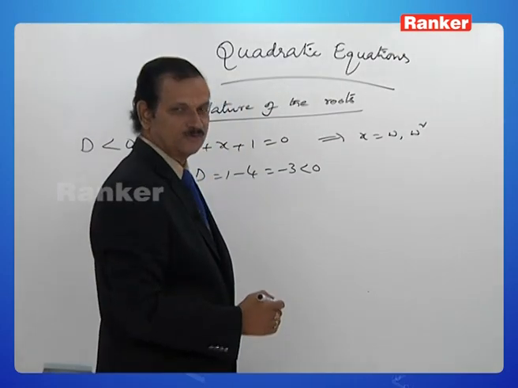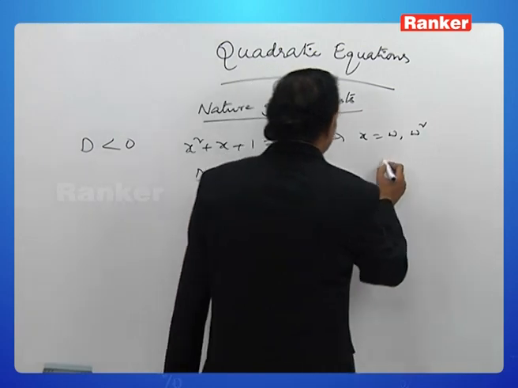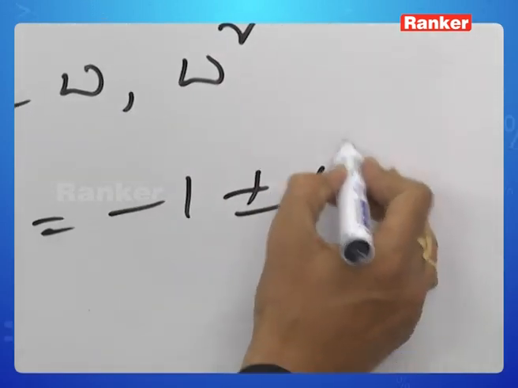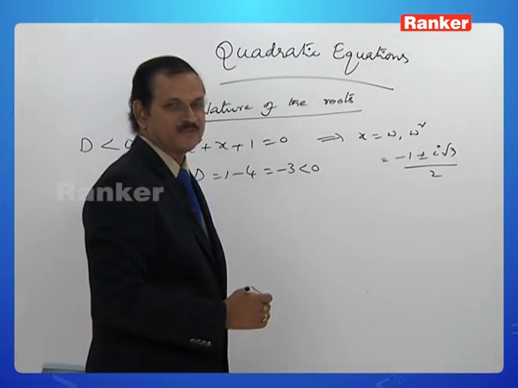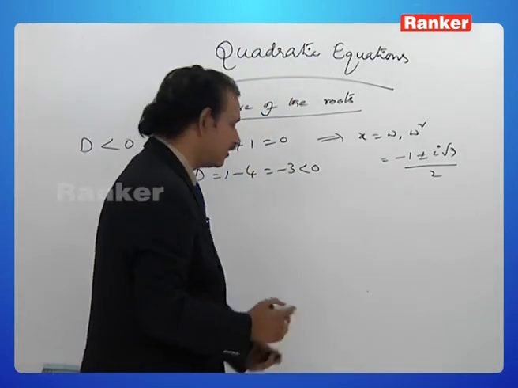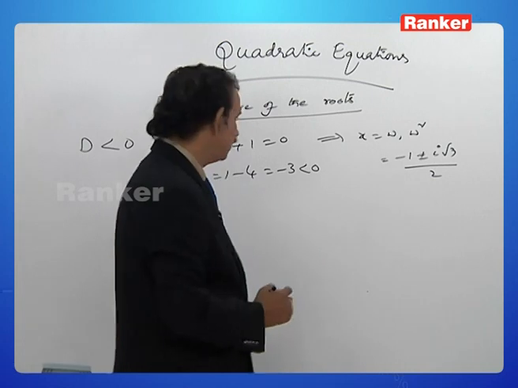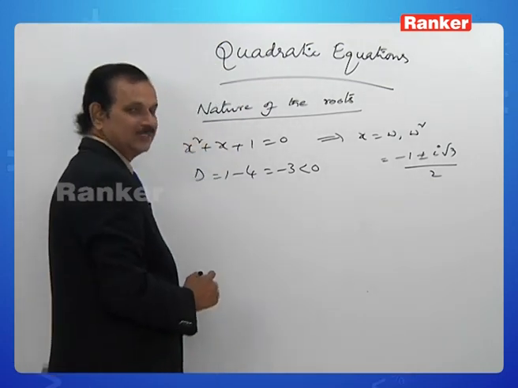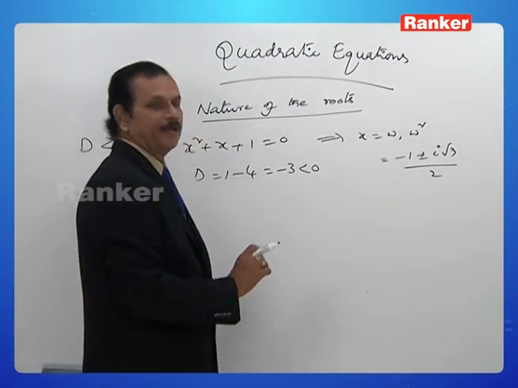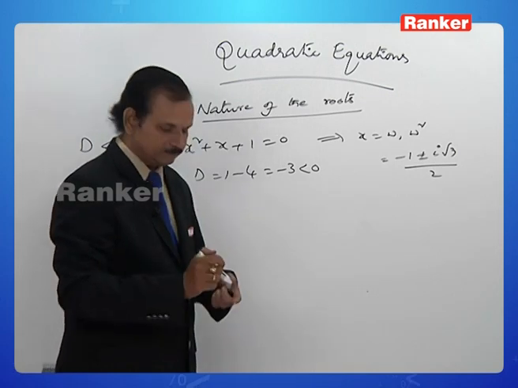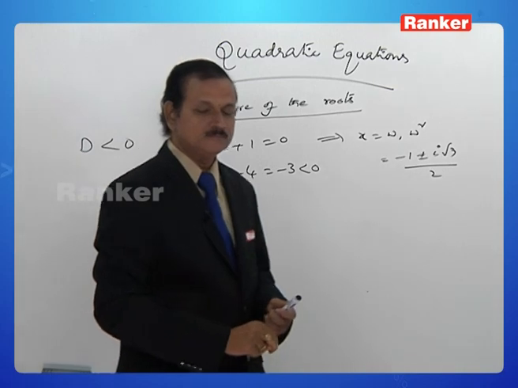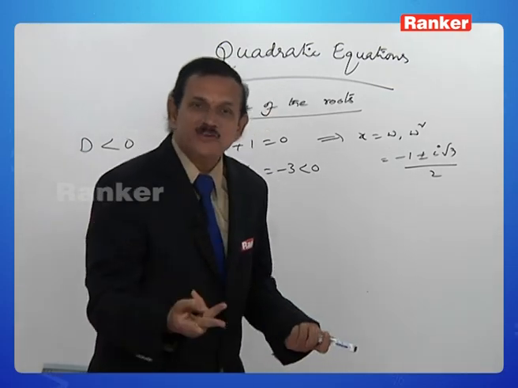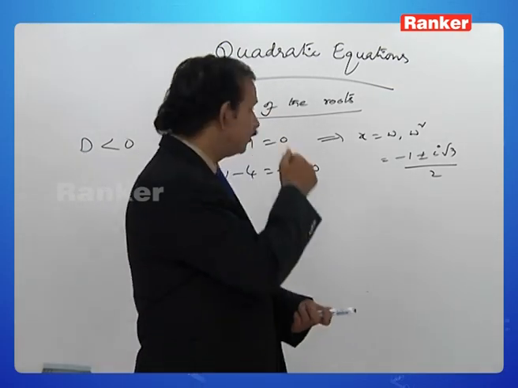That is the complex cube roots of unity, and these of course can be minus 1 plus or minus i root 3 by 2. These are perfect complex conjugates. Therefore, if D is less than 0, then the roots are not real. First point. They are complex. Second point. They are complex conjugates. That is the third point to note down.